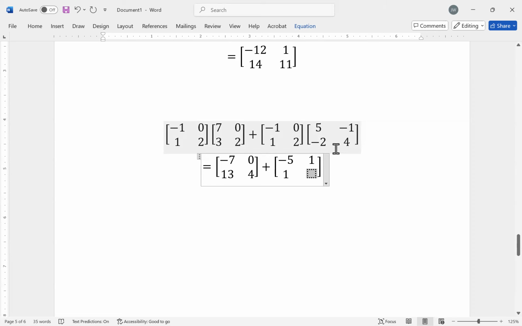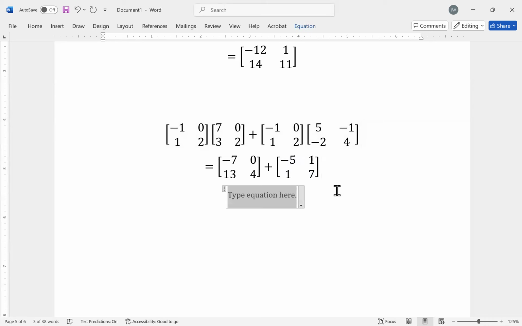That's -1 plus 8, which is a 7. So I get these two matrices that I need to add up. Adding these up entry-wise is going to give me -12, 1, 14, and 11.